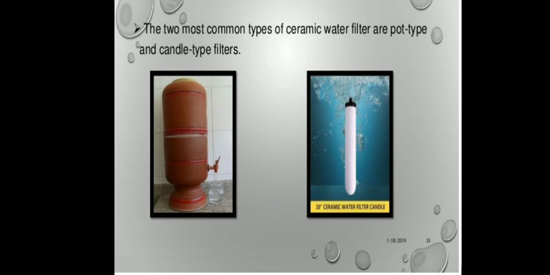Now here are two types of ceramic water filter. First one is your pot type ceramic water filter, and second one is your candle type of filter or candle type of water filter.